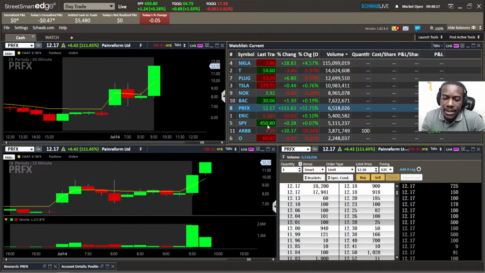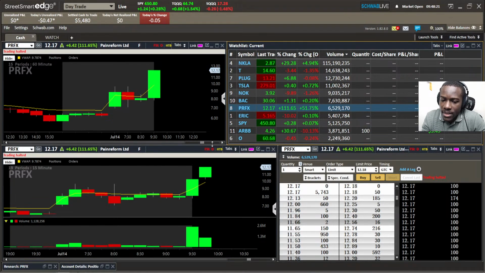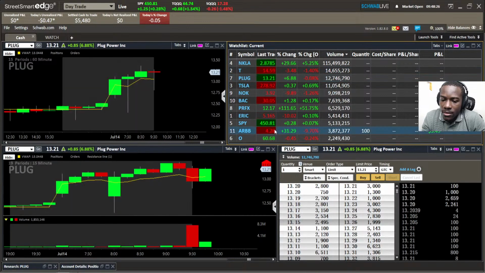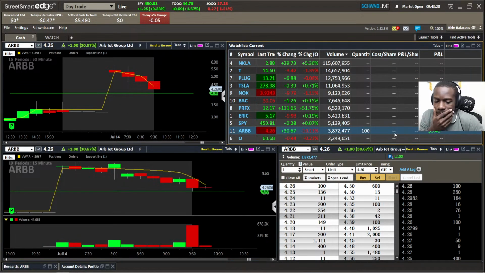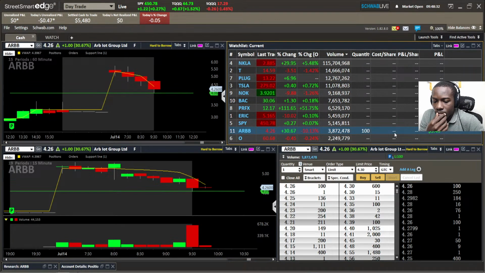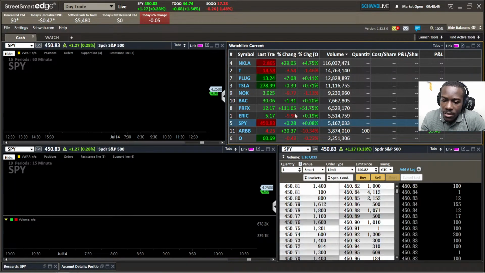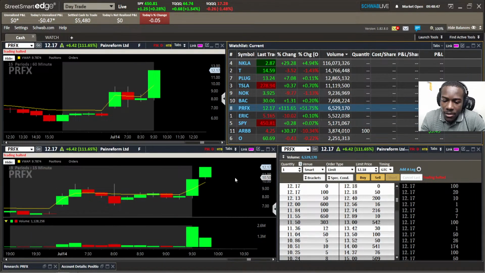PRFX killing the game as well, gapping higher into halts. Nikola Tesla. This one is certainly drying up in volume though.